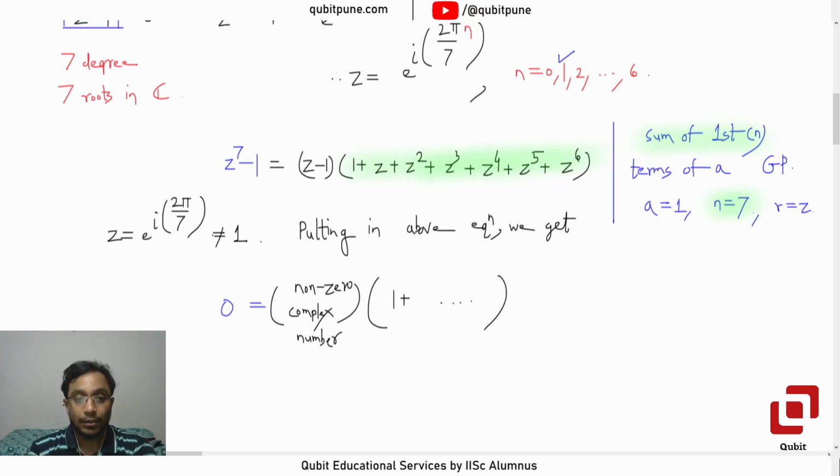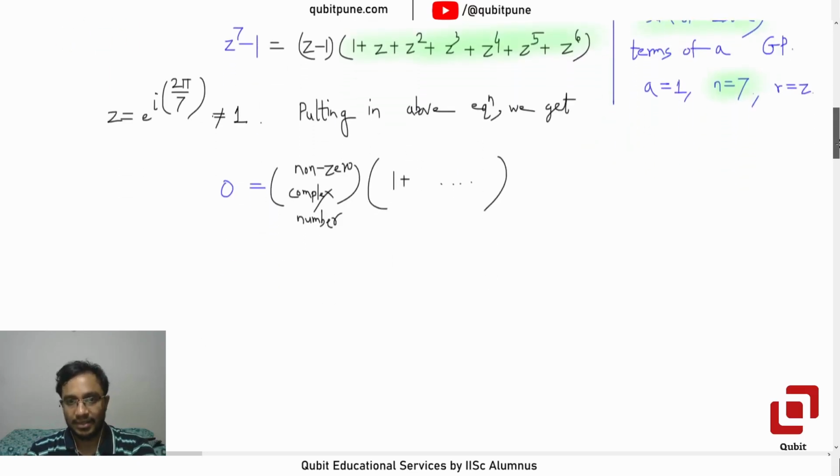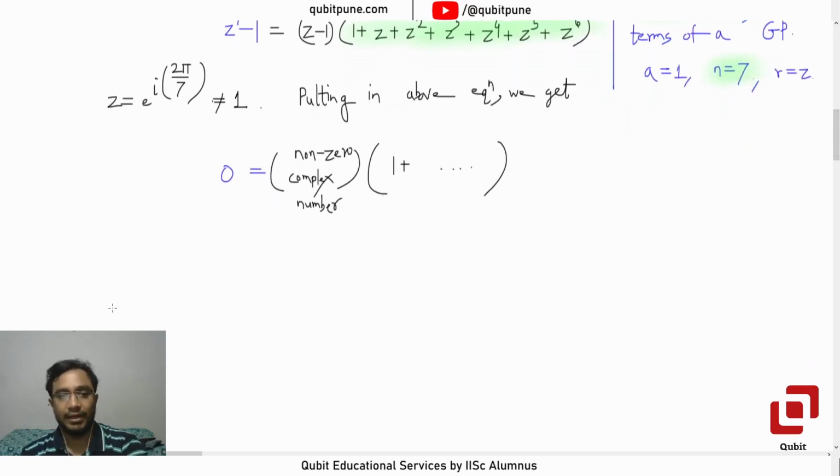Now if the non-zero complex number is there as the first factor, then the second factor must be 0. If it is equal to 0, I must say that its real part should be equal to 0.